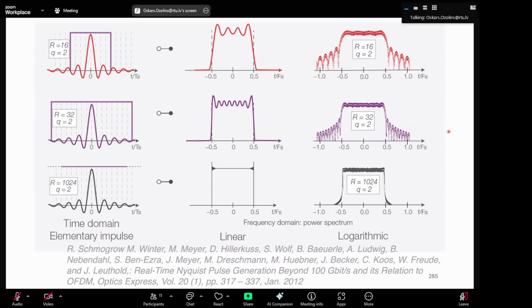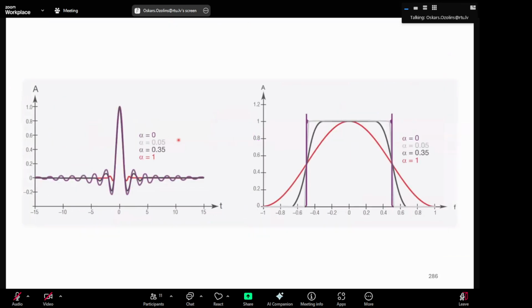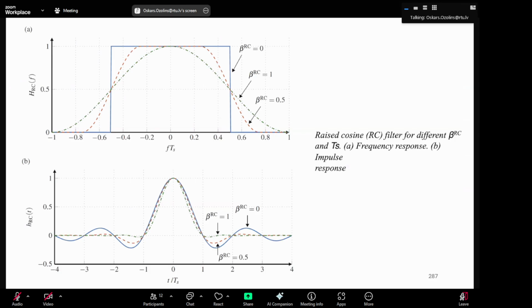So that also gives you a possibility to increase your spectral efficiency. So there are different parameters you can optimize for pulse shaping. Here's, for example, the alpha parameter. When you look at how it looks in time domain with alpha 1 and alpha 0. And here you see alpha 1 and alpha 0 in frequency domain. It's a linear representation. There's also one more factor, which is this beta.